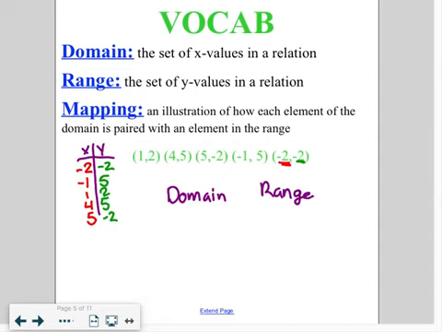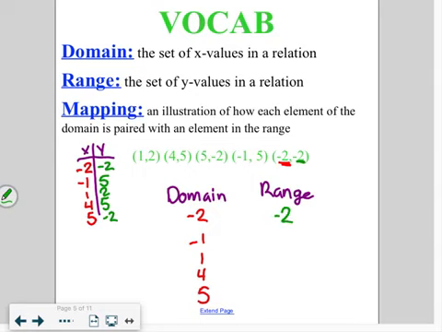Similar to the table, our x values are going to be in numerical order. So negative 2, negative 1, 1, 4, and 5. Unlike the table, our range values are also going to be in order.